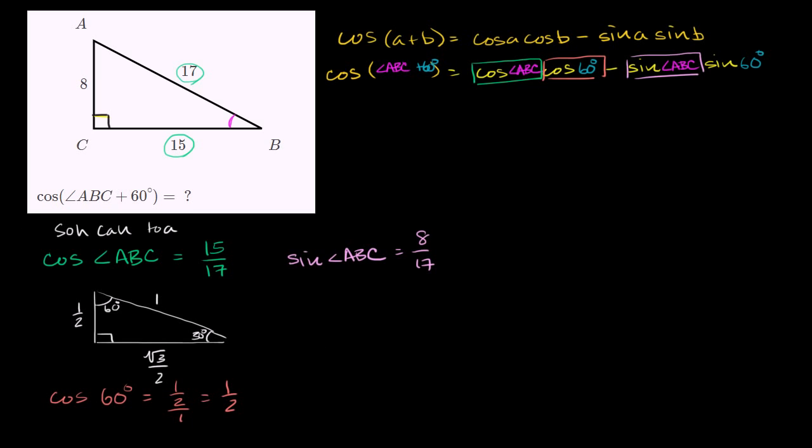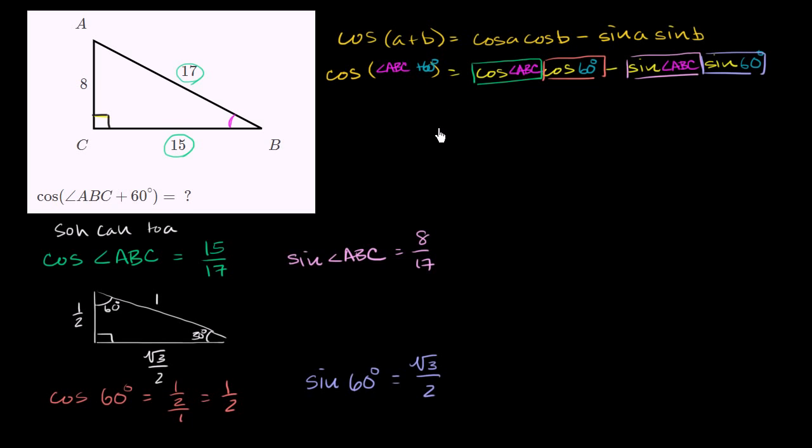And then finally, we need to think about what the sine of 60 degrees is. Well, if we're at the 60-degree side of this right triangle, opposite over hypotenuse. So square root of 3 over 2 over 1, which is just square root of 3 over 2. So we have all of the information we need to evaluate it. This whole thing, so this was the sine of 60 degrees.